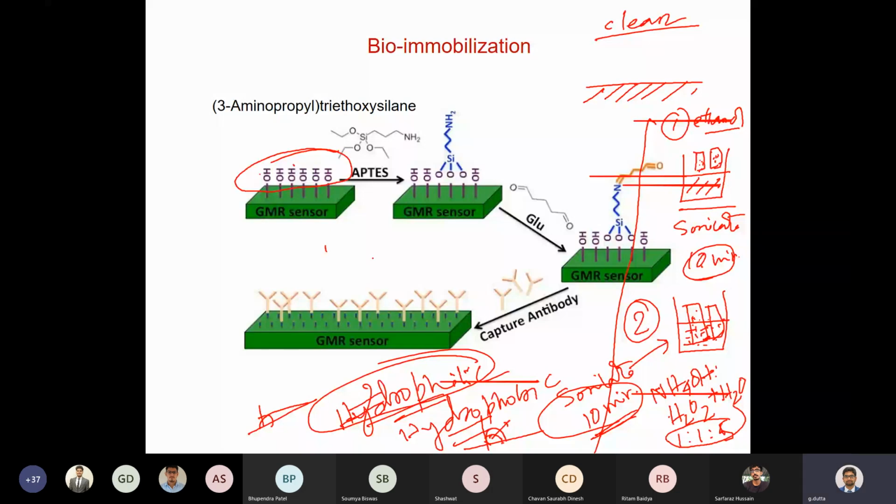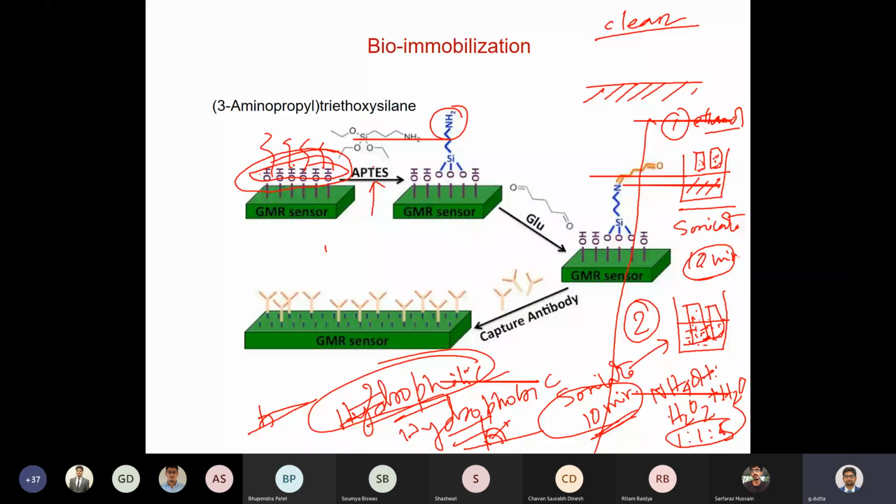So in this way, we can make lots of hydroxyl groups on the surface. These hydroxyl groups will now help you form amine groups on the surface. That can be done with the help of this chemical, APTS. At one end APTS has an NH2 group.